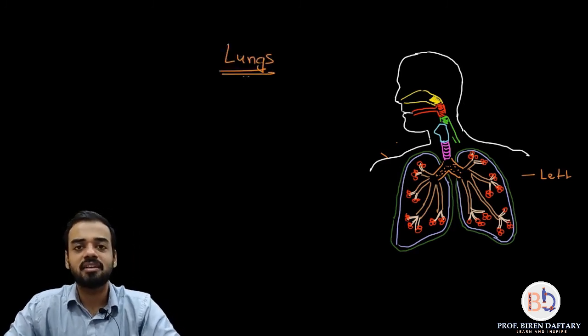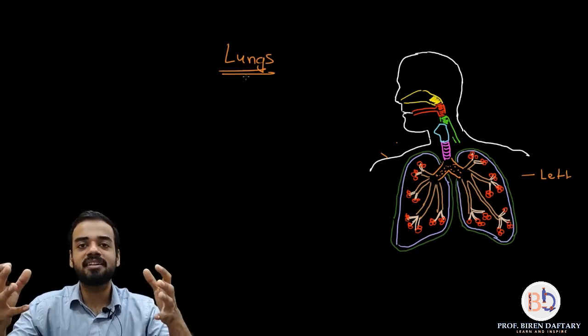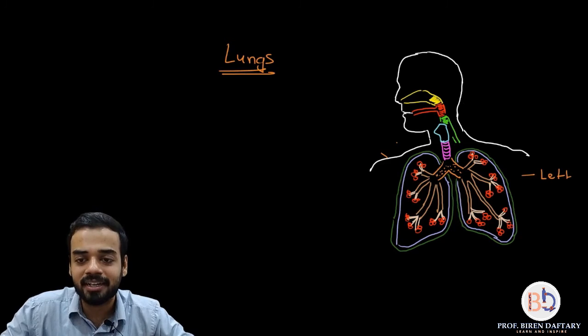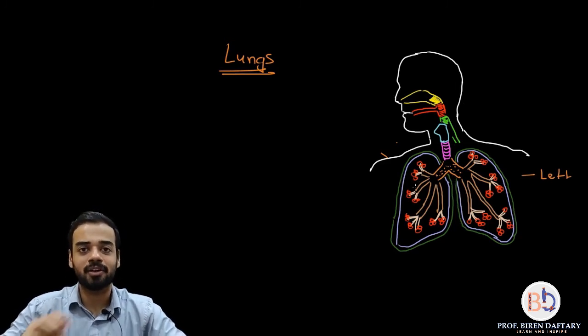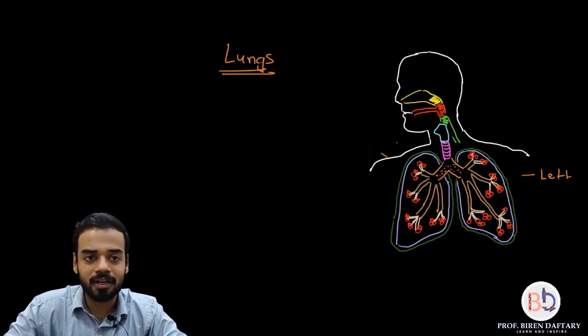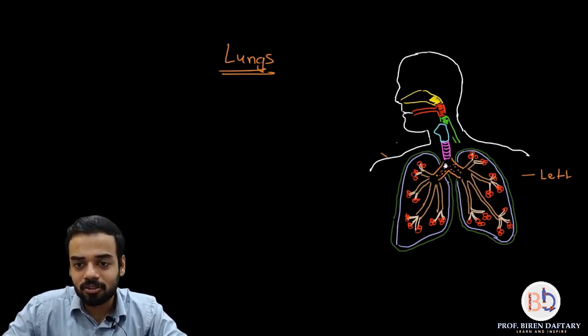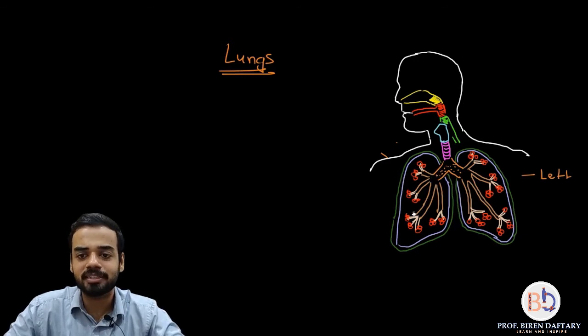Anyway, coming to the last part of the respiratory system of the human anatomy, and that is the lungs. Now what are lungs? Lungs are like bags. And lungs are basically doing what? They are protecting these bronchi and bronchioles and alveolar sacs and alveoli, because some part of the primary bronchi is present outside the lung, but most of the bronchi, primary, secondary, tertiary, bronchiole, everything is present inside the lungs.